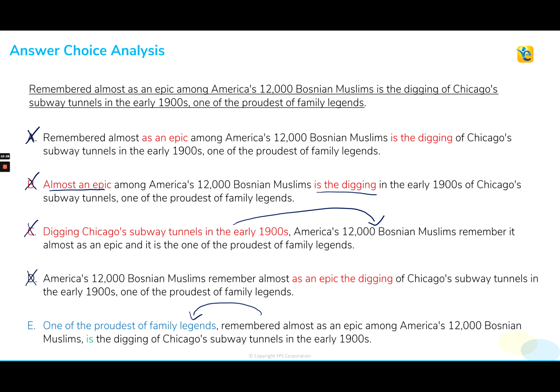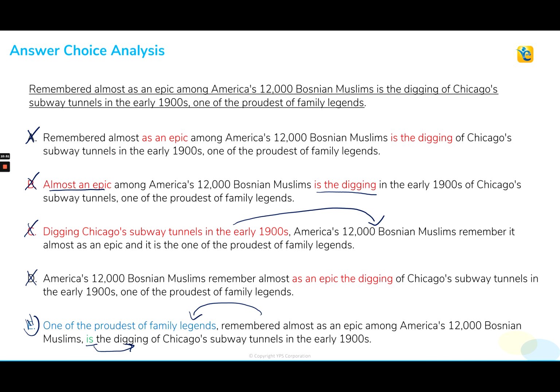So it's giving us that association that we were looking for. And it's telling us that this legend is, and then it tells us what this legend is, the digging of the subway tunnels. So we have the proper meaning, we have the proper structure that's clearly communicating this meaning. So choice E gets the job done for us.